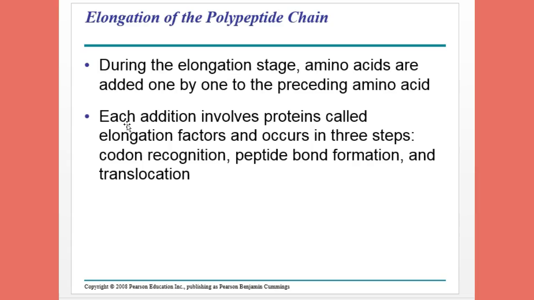So, the elongation part. During the elongation stage, amino acids are added one by one to the preceding amino acid. Each addition involves proteins called elongation factors and occurs in 3 steps: codon recognition, peptide bond formation, and translocation.